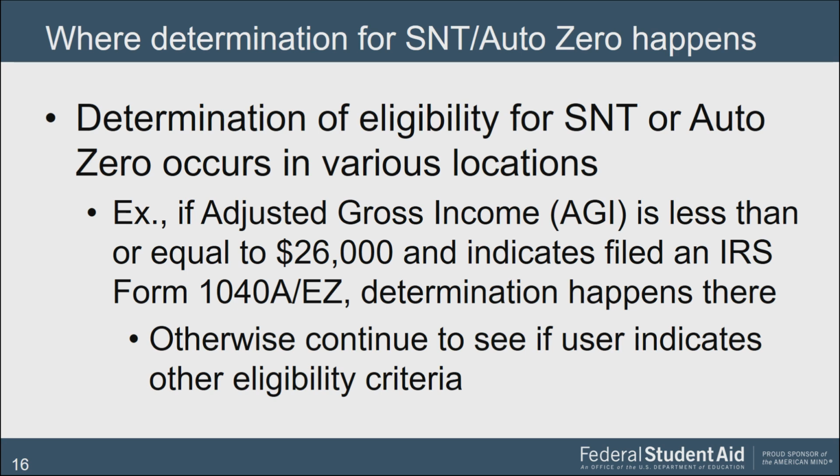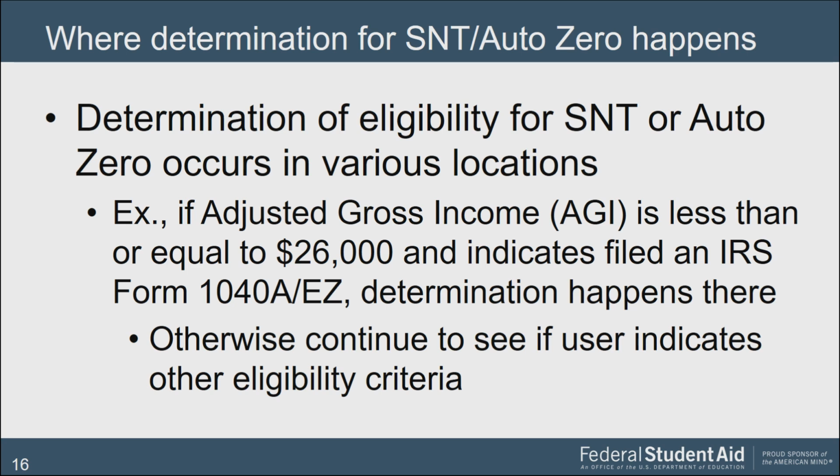For the mobile app, every question is on its own page. So you will skip entire pages as opposed to having a dynamic page that adds questions as needed. So every time that we are collecting a piece of information that is part of that determination, we're checking to see if the applicant has met the criteria.